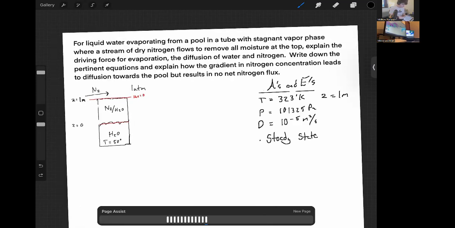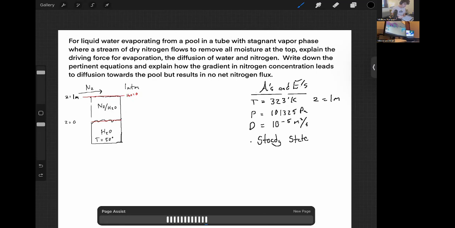So when we do this for water, let's consider what concentration is. Concentration is moles per volume, right? How many molecules you have in a space of some dimension. If we take the ideal gas law, PV equals nRT, for the system, concentration would just be pressure over gas constant times temperature.